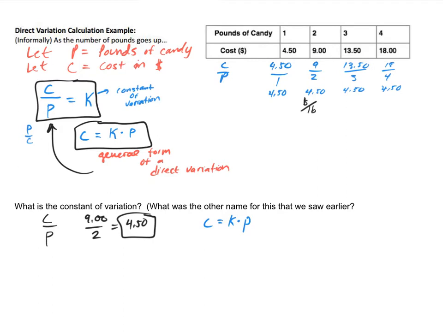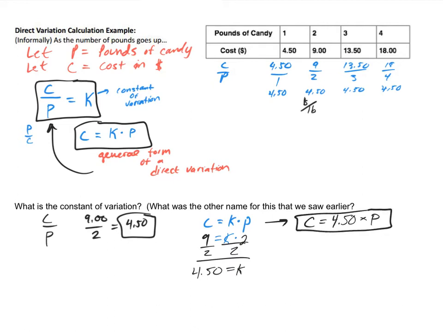So now if I plug in the cost of 9 and the pounds of 2, and I consider solving for this constant of variation, you'll see we're going to get the same thing. We're going to get 4.50. What that's telling me is I can rewrite this situation. The cost is equal to $4.50 or 4.5 times P.